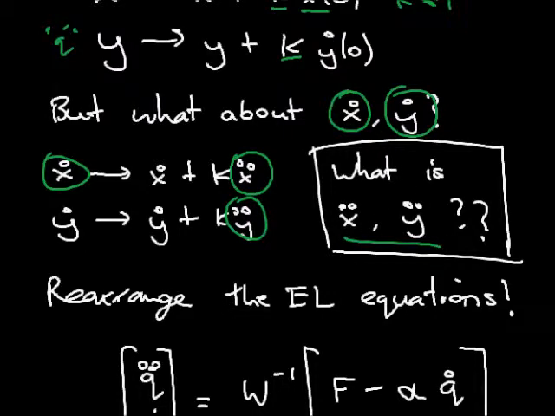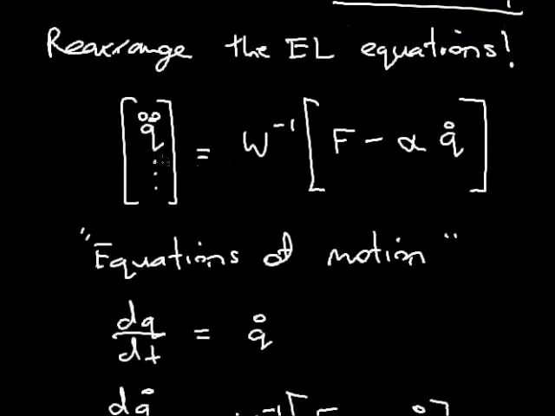If we go back to the matrix representation, we can solve for q double dot by bringing the alpha q dot across and inverting the W matrix, or the Hessian. Just as the Lagrangian is a function of q's and q dots, so is its partial with respect to any coordinate. So this thing here is basically a column vector of functions of q and q dot.